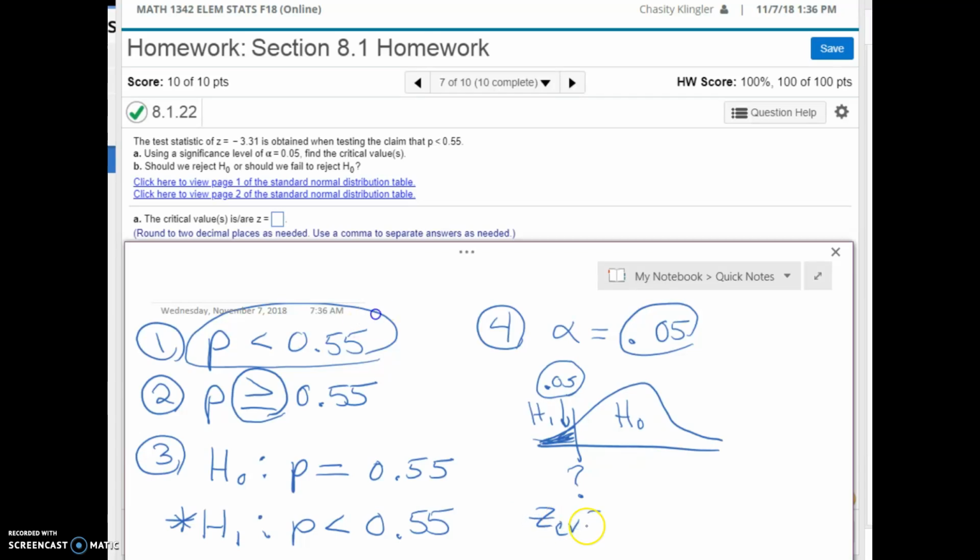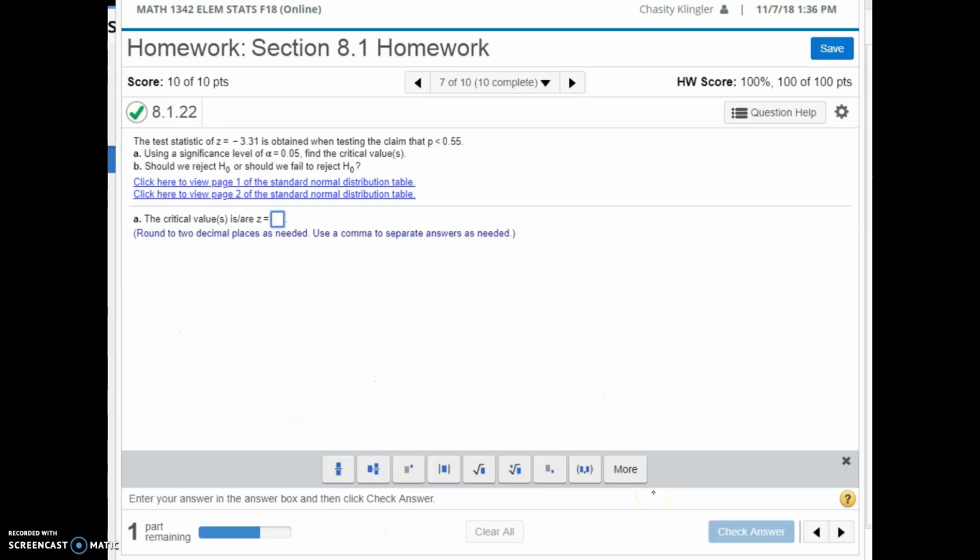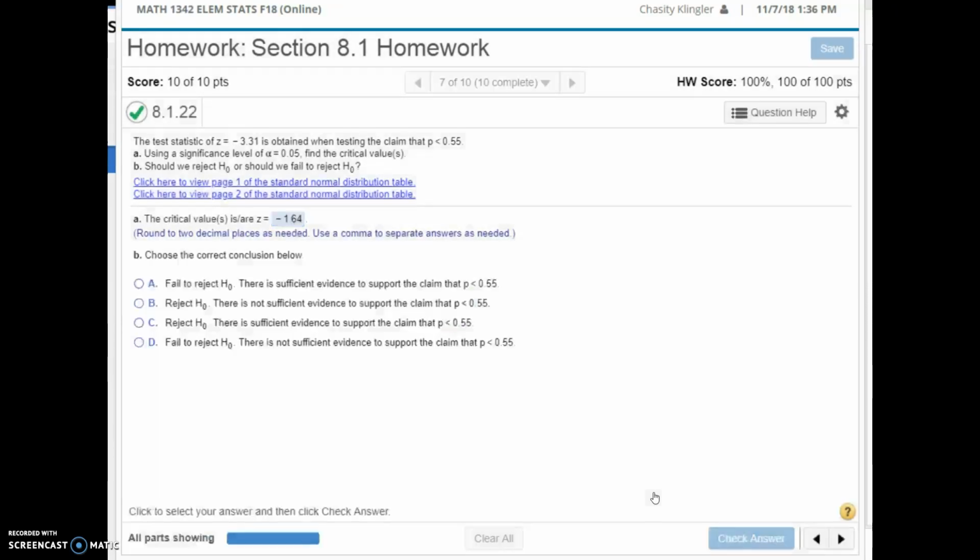So z critical value is negative 1.64. Now the next part jumps right to whether we reject or fail to reject, and then the conclusion statement.